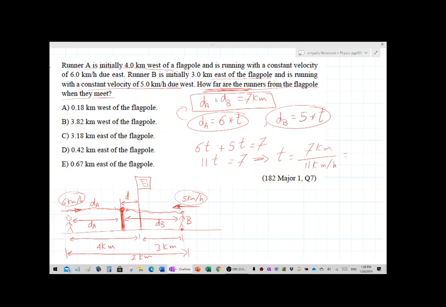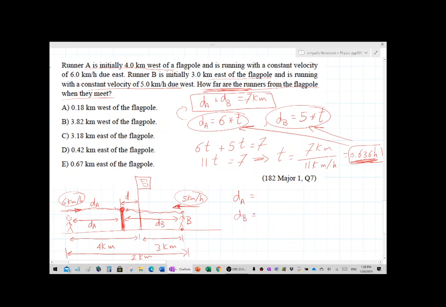7 over 11, which is 0.636 hours. So let's substitute this time in any of the two equations. Let me substitute it in the first equation, dA, so I will know the distance dA, or in the second equation I will know dB.